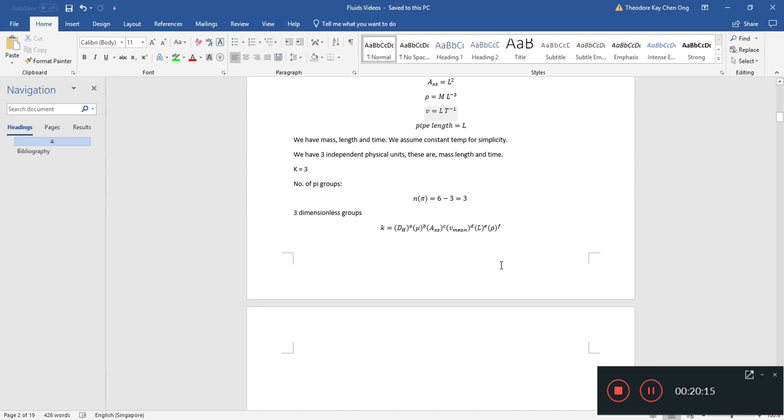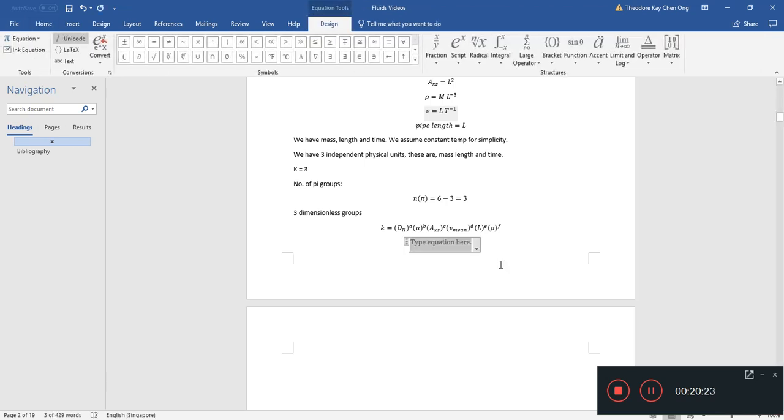So let's say some unitless quantity will be equal to all of this multiplied together. That will help us find the dimensionless quantity.